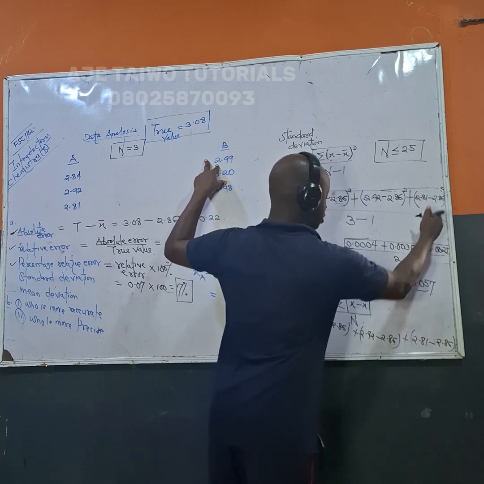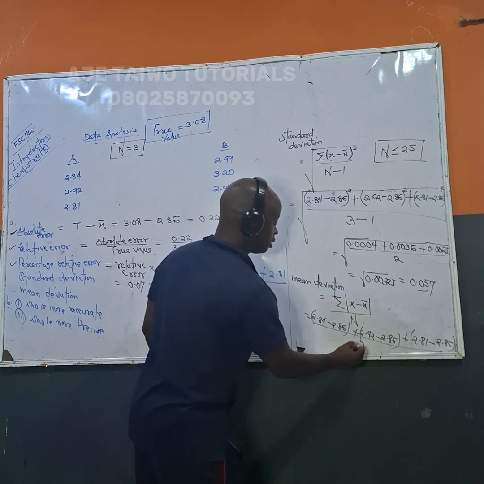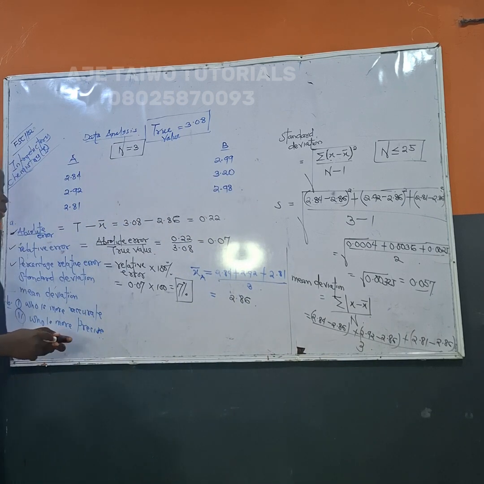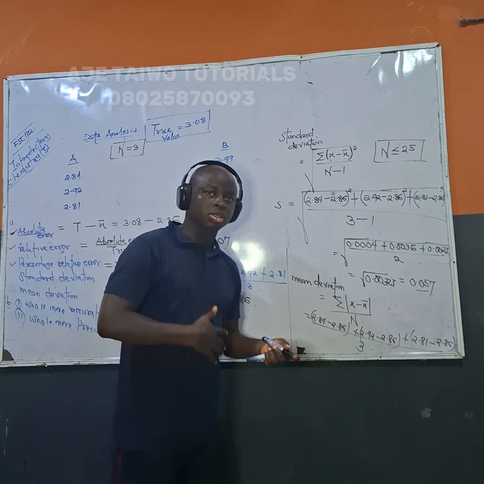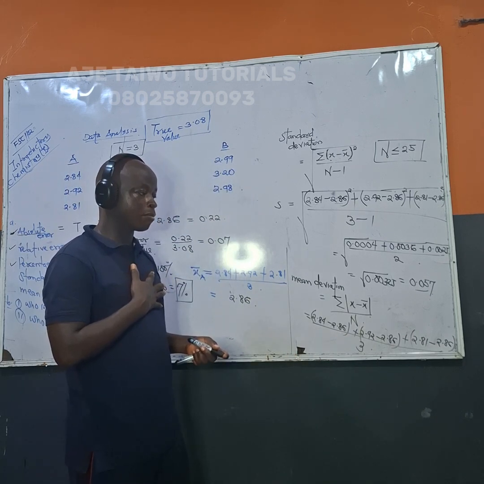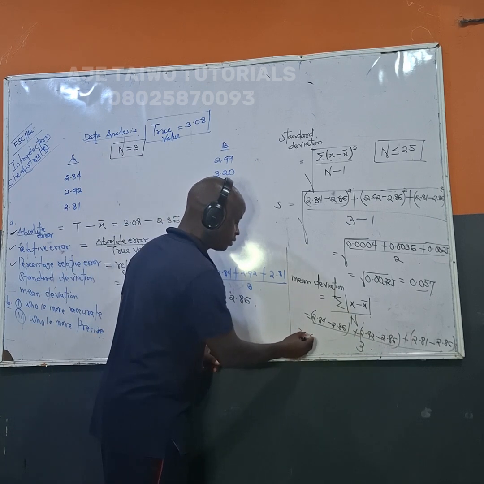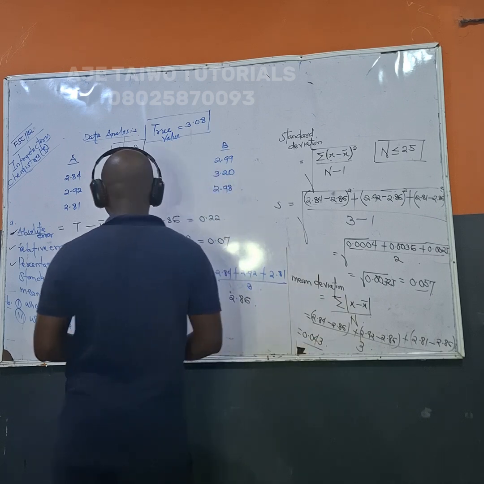Do not put square. Everything over what? 3. That's the mean deviation. So tell me, what is now the answer? 0.043. That's what we need.